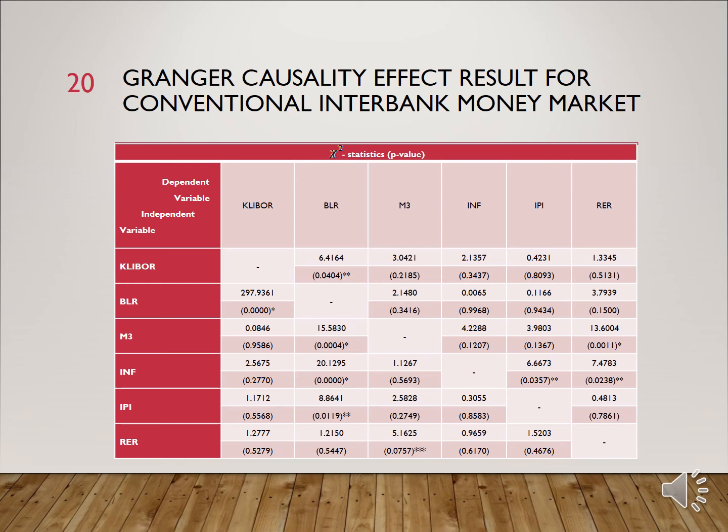The result also found unidirectional Granger causality effect running from money supply to exchange rate, and inflation rate to the economic growth and the exchange rate. So this implies that the amount of money circulating in Malaysia economy affects inflation rate, while inflation rate fluctuation will lead to the fluctuation of the economic growth and the ringgit value.